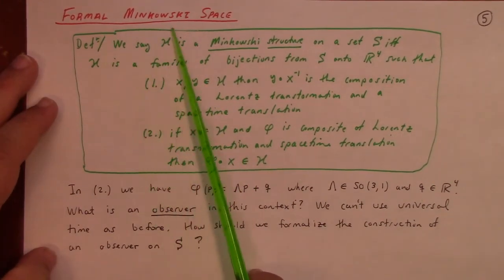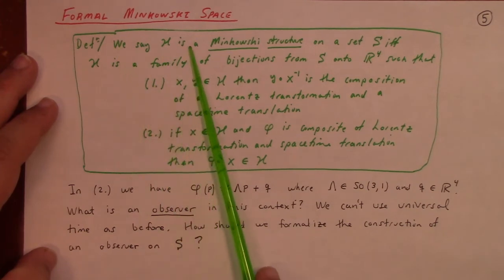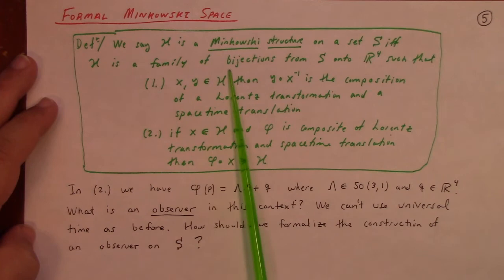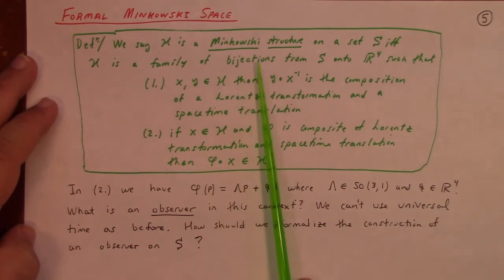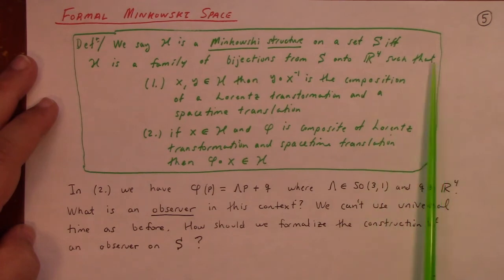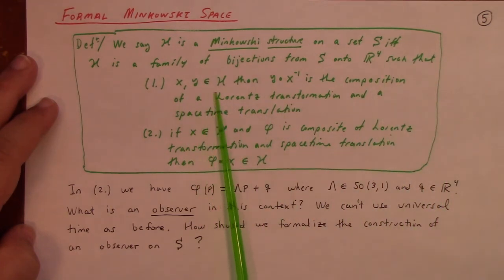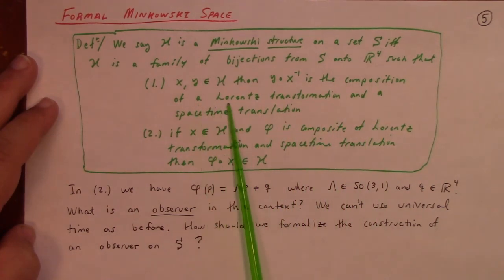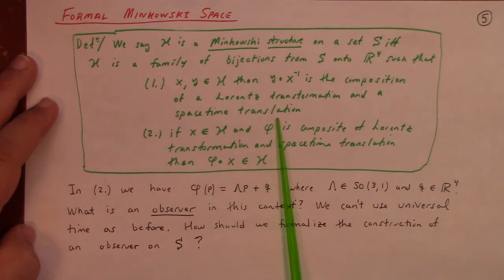So formal Minkowski space: we say H is a Minkowski structure on a set S if and only if H is a family of bijections from physical space-time to R4, such that if you take any two of these bijections, then Y composed with X inverse is a composition of a Lorentz transformation and a space-time translation.